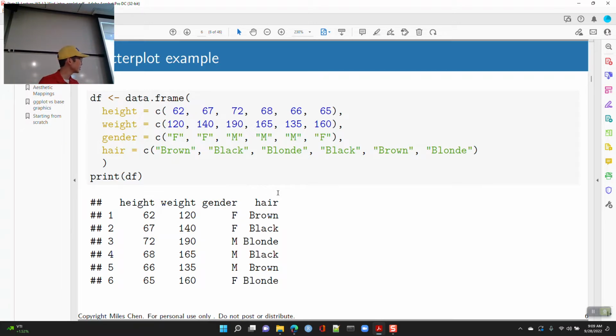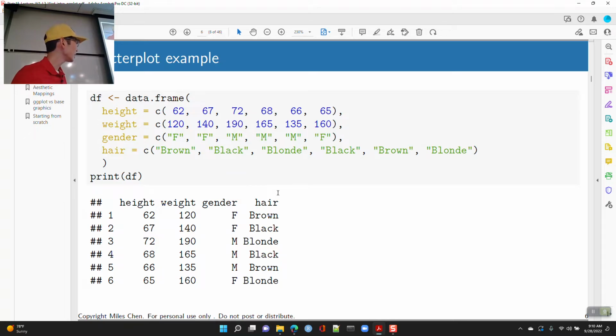This is someone's height, 62 inches tall, 5'2", weight 120 pounds, gender female, hair brown, and we have 6 people, and so on and so forth. Right now there's not anything super fascinating about this data set, but let's say we want to visualize this.